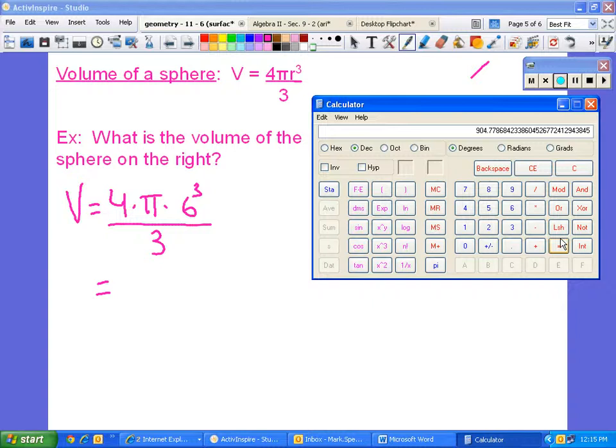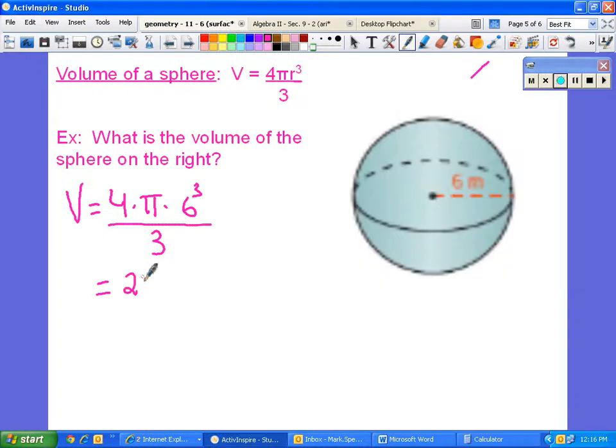Did I write down 4/3 pi r cubed? Oh, I see what I'm doing. The question said put it in terms of pi. Sorry. So it's 216 times 4 divided by 3.